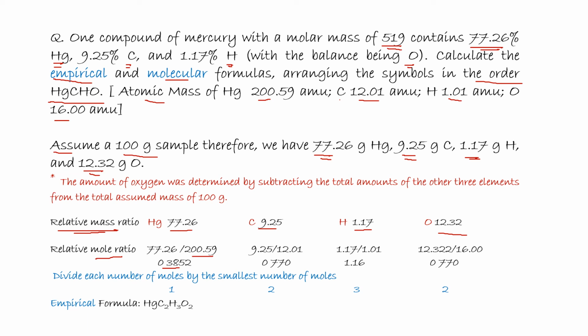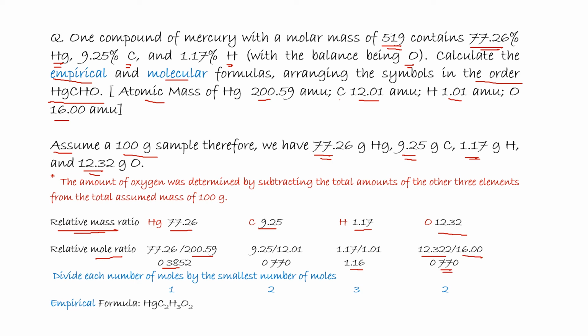Carbon 9.25 divided by 12 would be 0.770. Hydrogen 1.17 divided by 1 makes 1.16, and the oxygen we will divide by 16, gives you that.